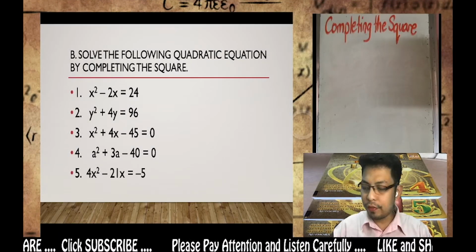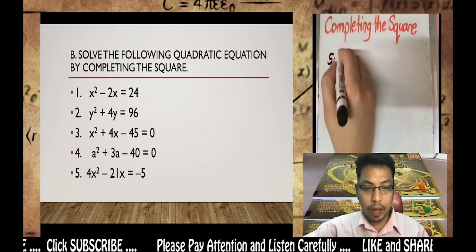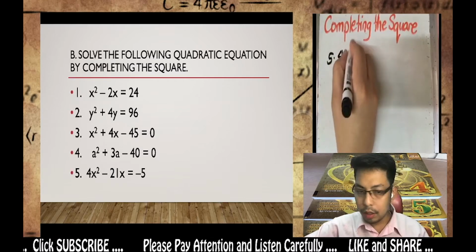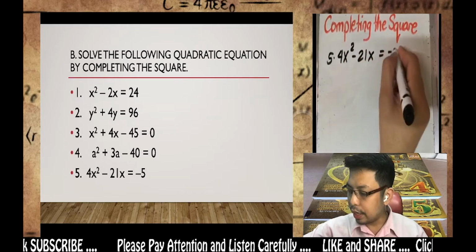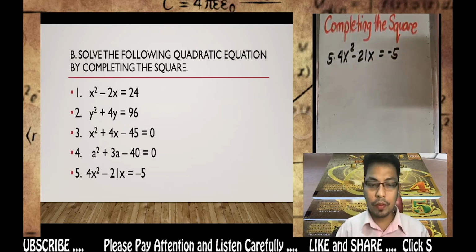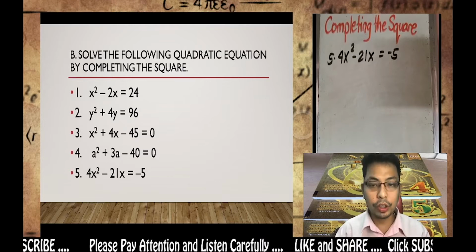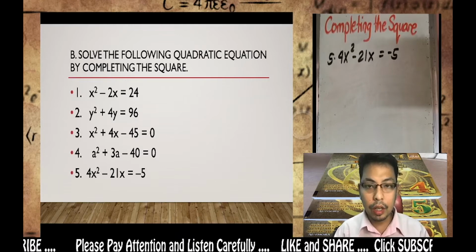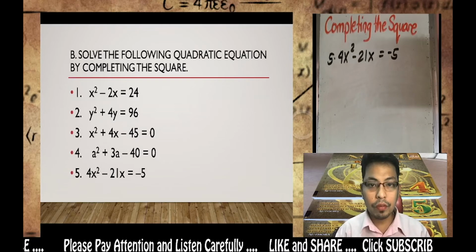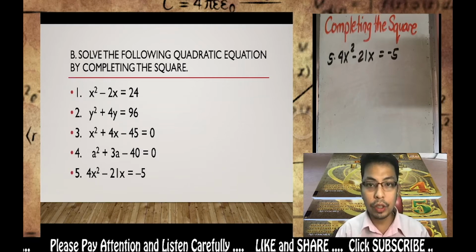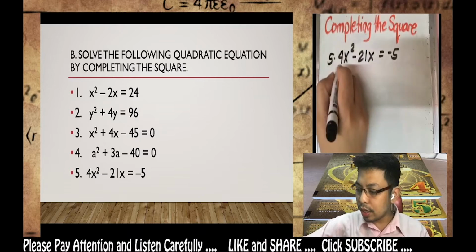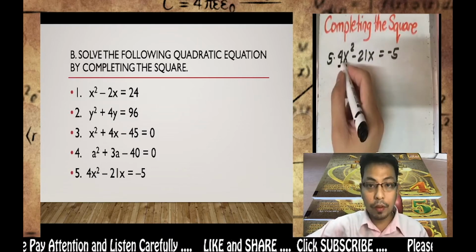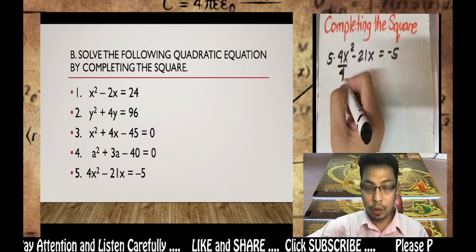Number 5, we have 4x squared minus 21x is equal to negative 5. In number 5, we can notice that the numerical coefficient of x squared is not 1. So we divide both sides of the equation by the numerical coefficient of x squared. In this case, we divide both sides by 4 to make 4x squared into x squared.